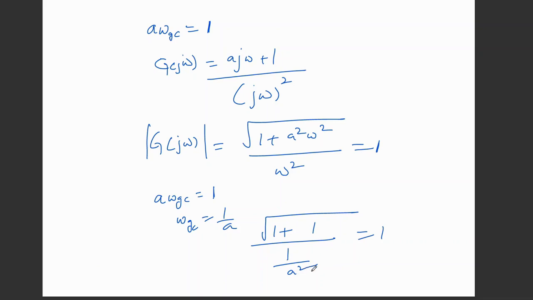If I simplify it, I get root 2 a squared equal to 1, which implies a squared is 1 by root 2.